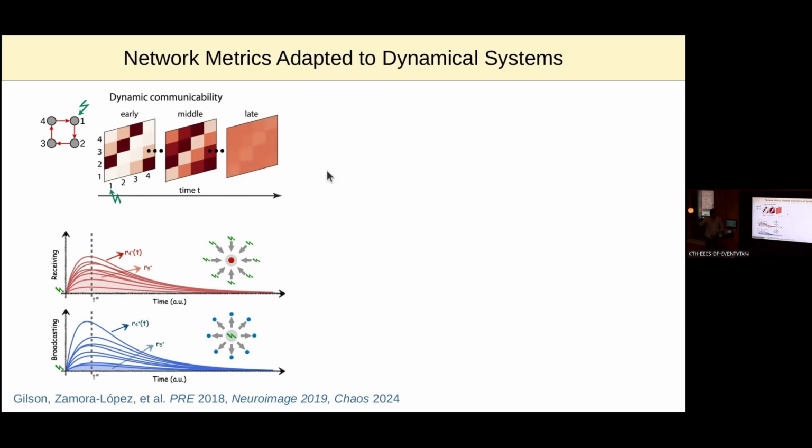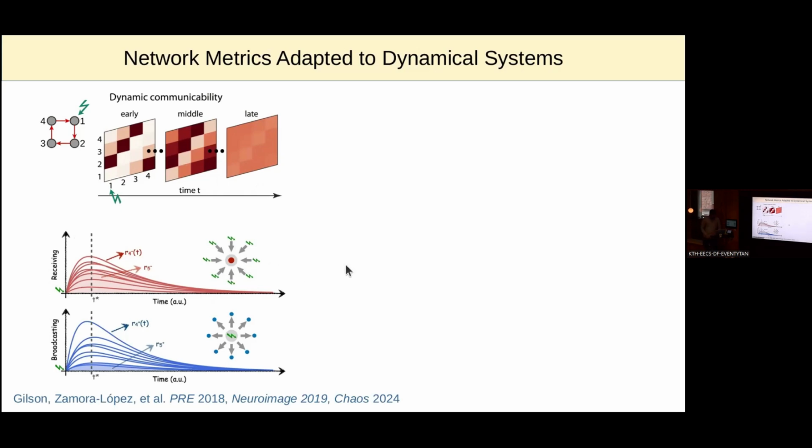And so with this, you can quantify the network response either by stimulating one node, if you look at these matrices this way, or how one node is listening to the network if you look at it horizontally. And so in the end, if you make summations of these matrices, you can have the receiving and broadcasting level of each node over time due to response.